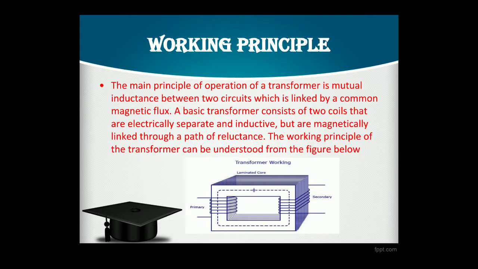So in the secondary winding there is a mutual induced EMF, and in the primary winding there is a self-induced EMF. If we connect a load impedance with the secondary winding, then a load current will flow through the secondary winding. That is the working principle of a single phase transformer.